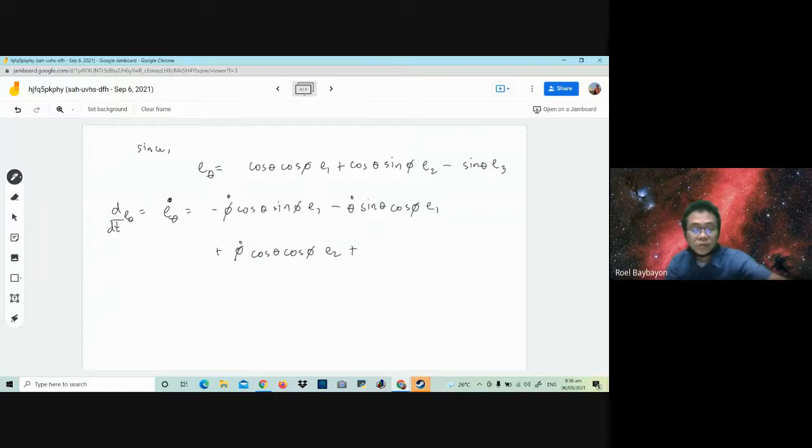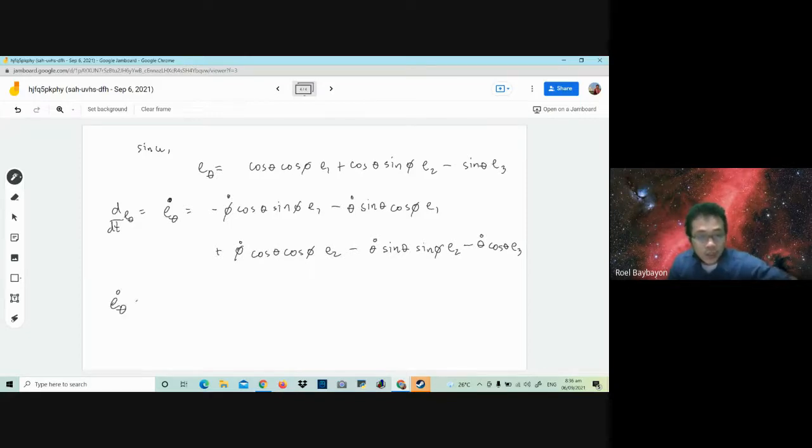Derivative of cosine is minus sine, so I get minus theta dot sine of theta sine phi E2, and the last one is minus theta dot cosine of theta E3. Okay, so this is my e theta dot, but I can reduce it.